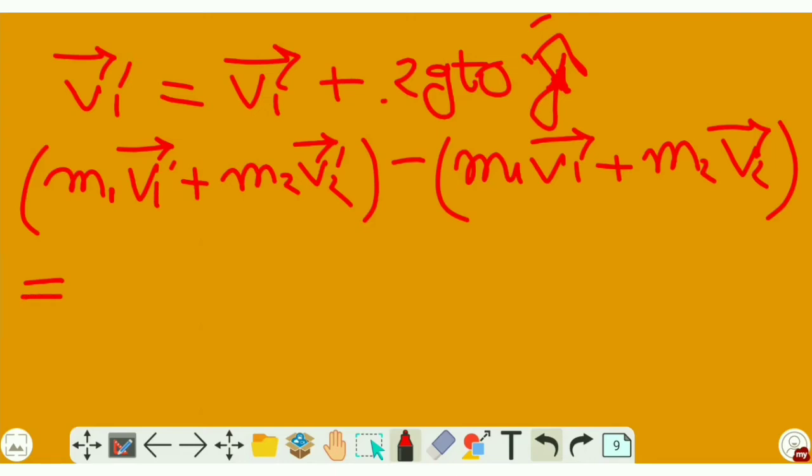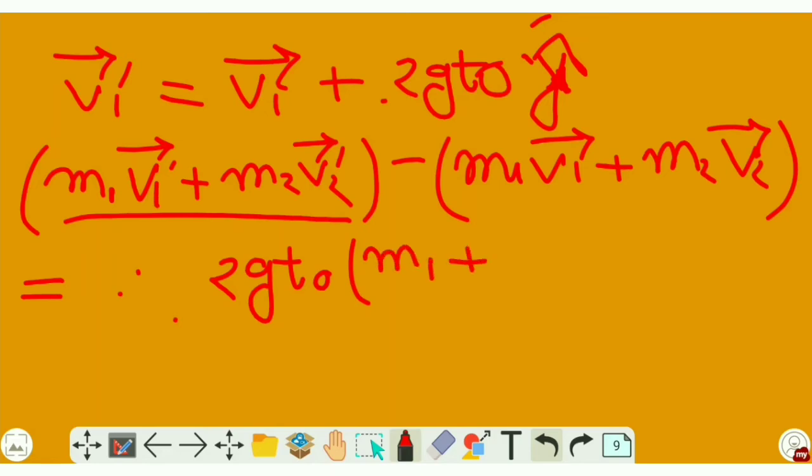Put in the values of the v1 vector and v2 vector. You can find 2g t0 times m1 plus m2 y cap.